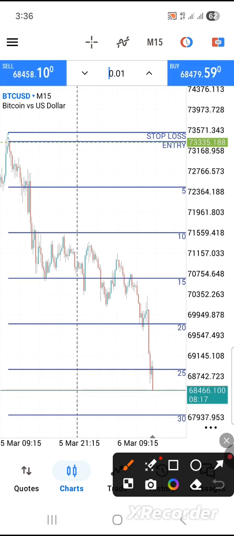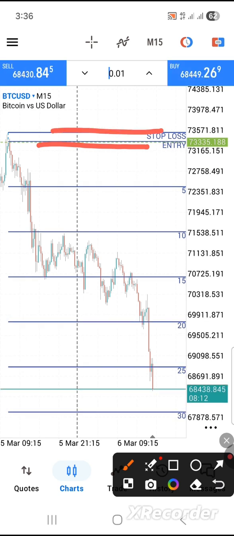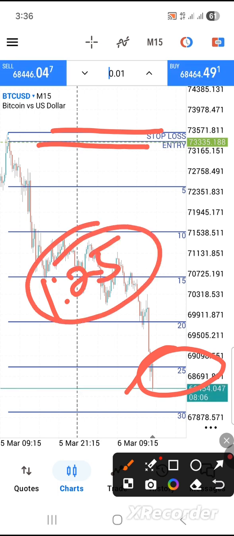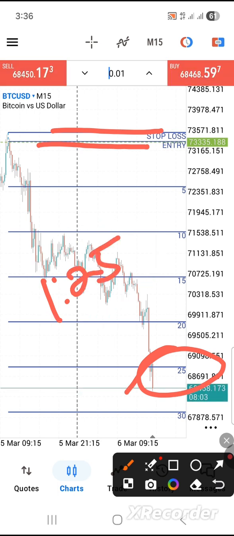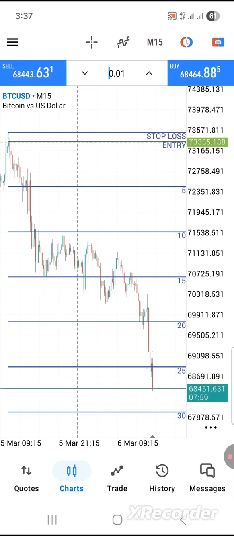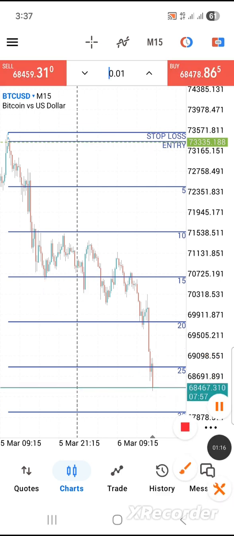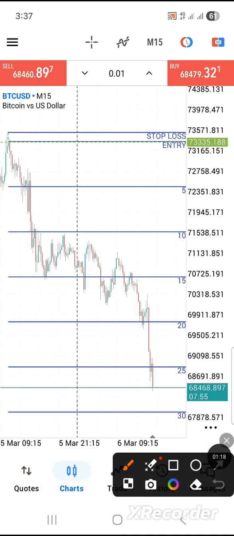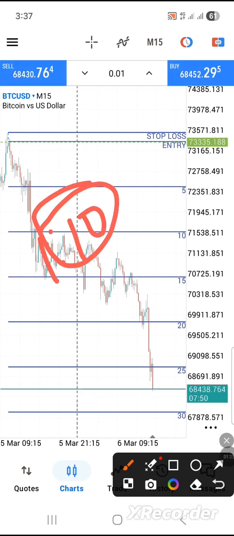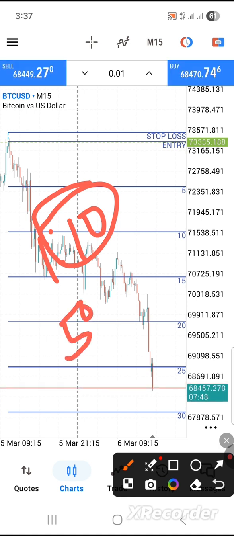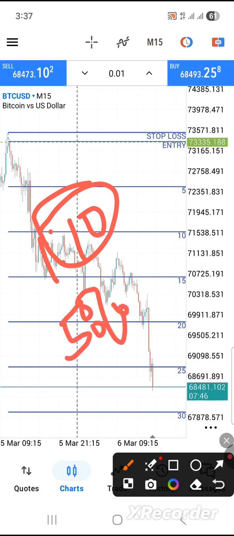I don't know if any of you took the trade. So we have our entry here, we had our stop loss here. Right now we've reached a risk to reward of 1 to 25. The previous one I said to you that one of the things you can do is trade management. In trade management, for me, I take one risk to reward 1 to 10, and you take 50% of your position out.